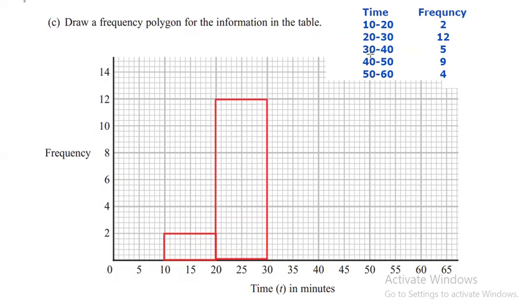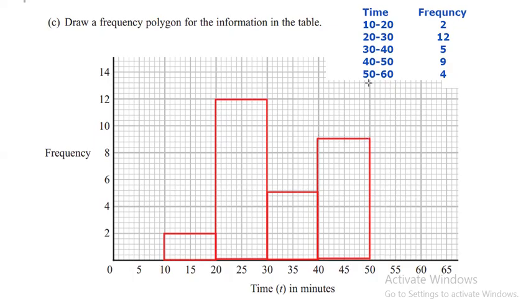Okay. And then here we have 30 to 40 goes up until 5, which is between 4 and 6, like this. And then 40 to 50 goes up until 9, which is here between 8 and 10, like this.